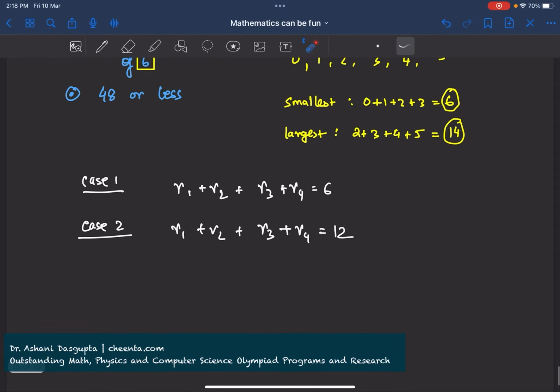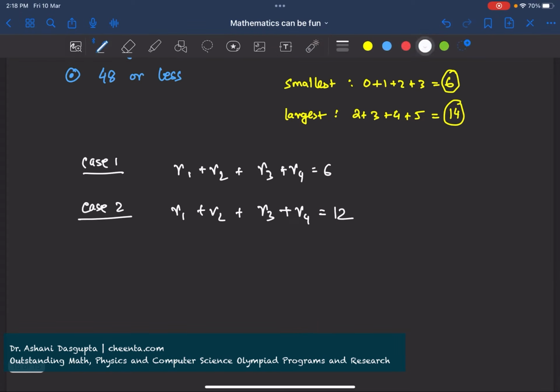So that's great. Now in case 1, you can check by observation that the only possibility for these 4 numbers is 0, 1, 2, 3. And in case 2, there are actually 2 possibilities for these 4 numbers. One of them is 0, 3, 4, 5, which adds up to 12.